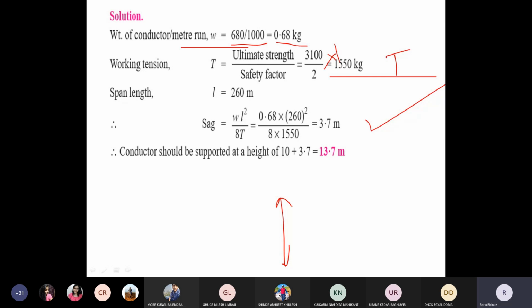Then here you get 13.7 meter, so measurement taken from here, so you can go up to this. Okay, that means here you can place one conductor, this second will be here, so your sag will be like this. That is, the lowermost point of the conductor is 10 meter above the ground surface, and from this top portion, if you measure the distance to the ground level, it will be 13.7 meter. Okay, that is the simple meaning of this numerical.